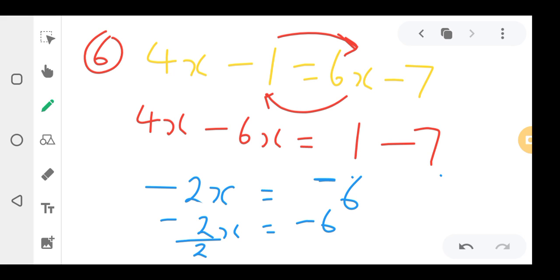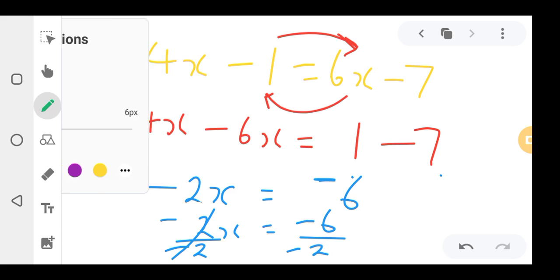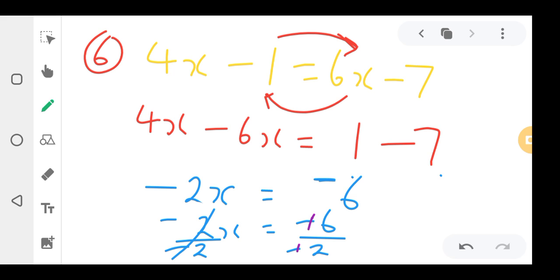You divide by negative 2 here, even this side by negative 2. You're trying to remain with x. So this one comes out. So since there are two negatives, they can cancel out. So this negative cancels with this one. So what remains here, it's x is equal to 6 over 2, which is x is equal to 3.